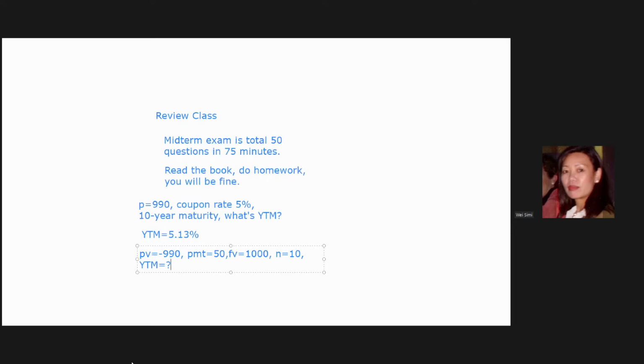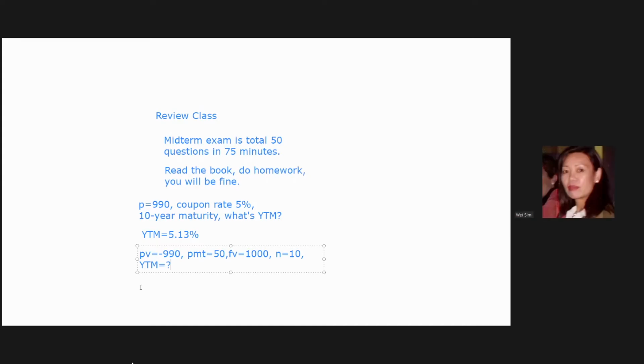If you have mine, it's relatively easier, just push that button. Somebody mentioned CPT, compute, also works. Did you get the number? Anybody else? Did you get the same number? Okay, so then you verified.